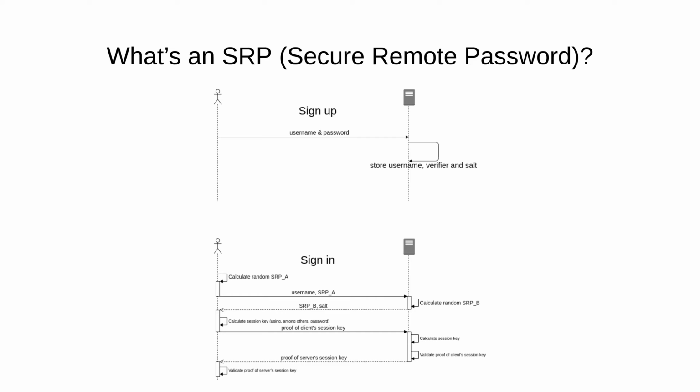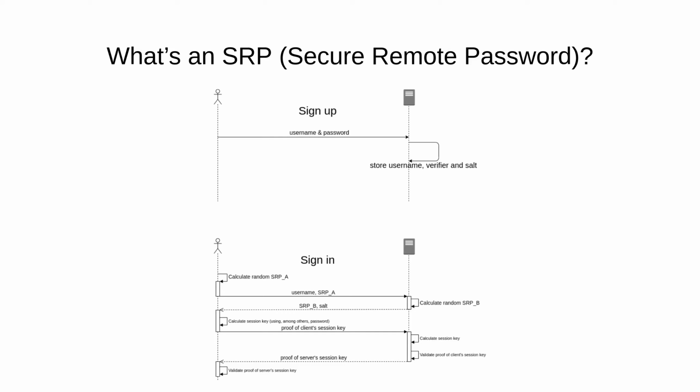Now, when we later want to sign in, when we want to authenticate, the process looks as follows. We calculate a special random value called SRP A. I'm not going to get into details how this value is exactly calculated. It doesn't really matter. It's a random value. And then we send this random value together with our username to the server.